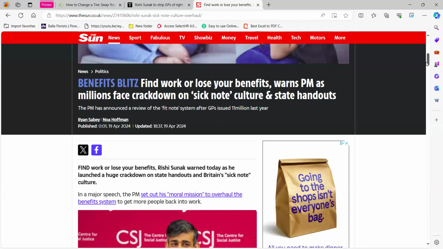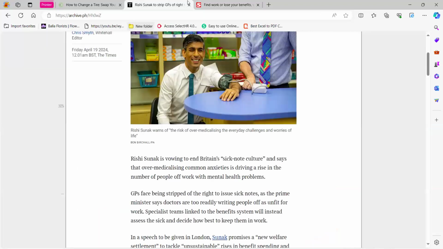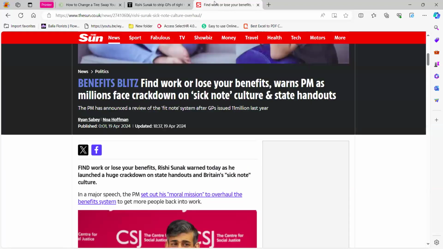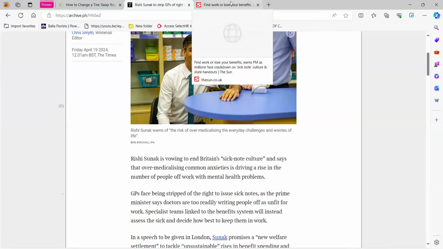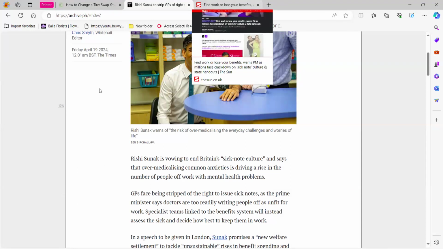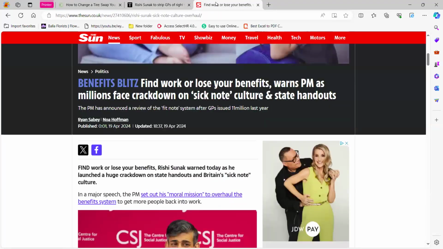The major speech. So we've got the Sun here, and the Times. Which one is the serious journalism and which one is the tabloid journalism? The Sun is the serious one.